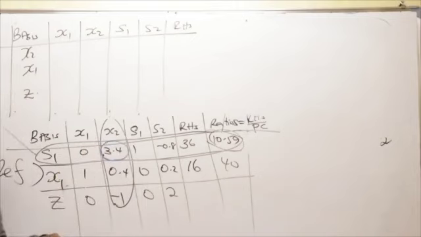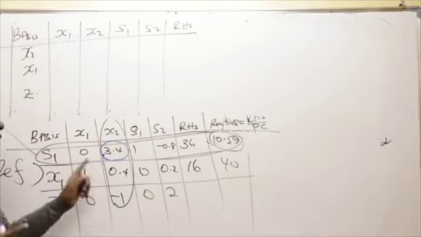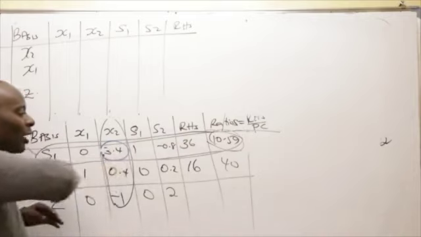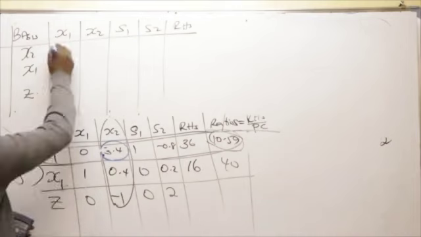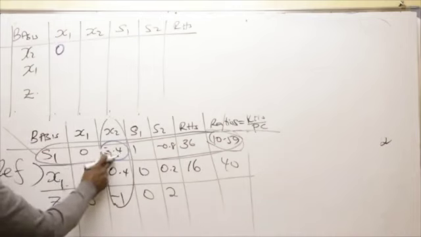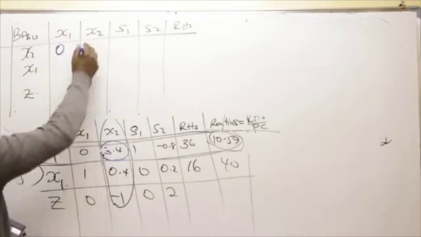And that student has been able to nail it down very well. She's telling us that we ensure that the pivot element here is 1. But now it is not 1. It is 3.4. So we must divide all the pivot row elements by 3.4 across the board. The first one will be 0 divided by 3.4, which gives me 0. The second one will be 3.4 divided by 3.4, which gives me 1.